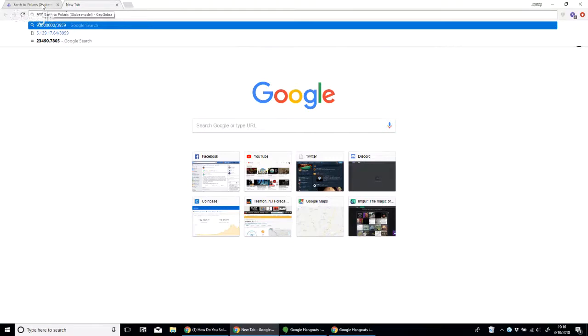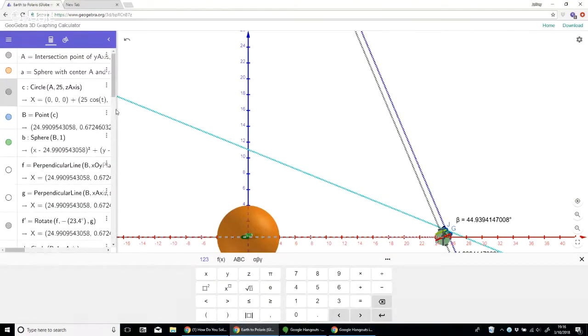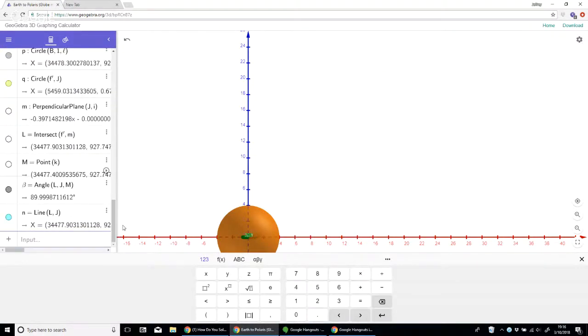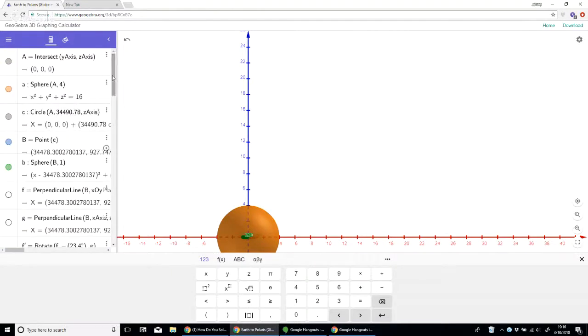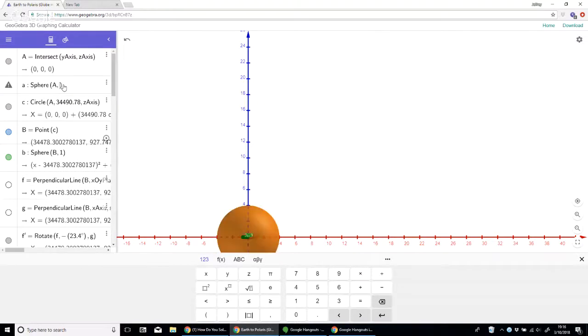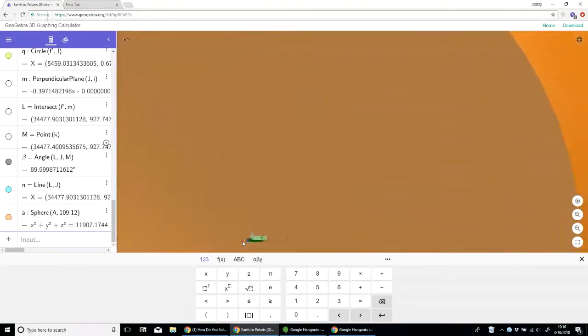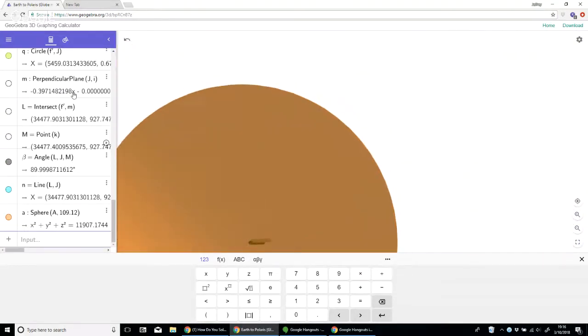I don't know what you're talking about, sir. All right. So the Earth is going to move out to 34490.78 units. Goodbye, Earth. And the sun is going to change its radius to 109.12 units. Now we zoom out again.